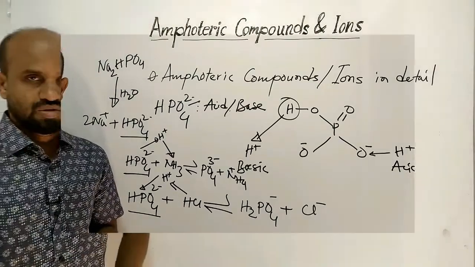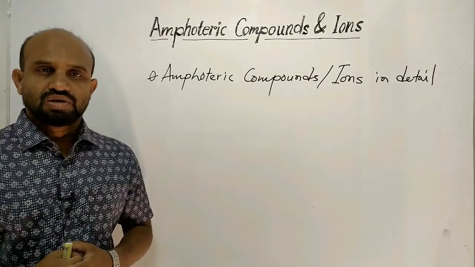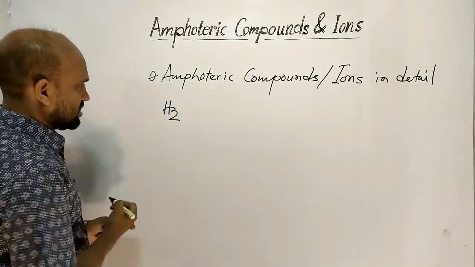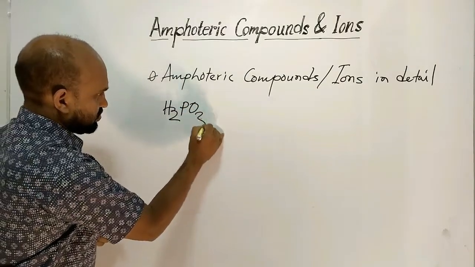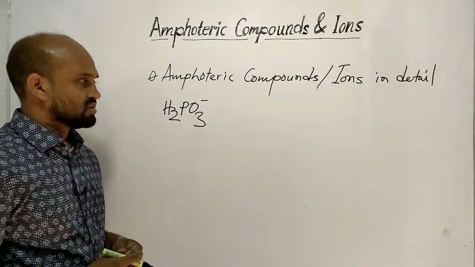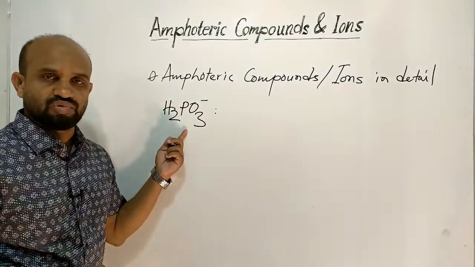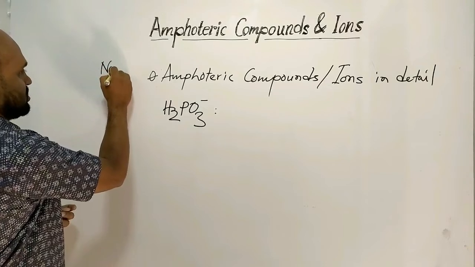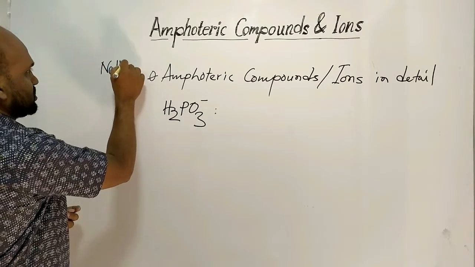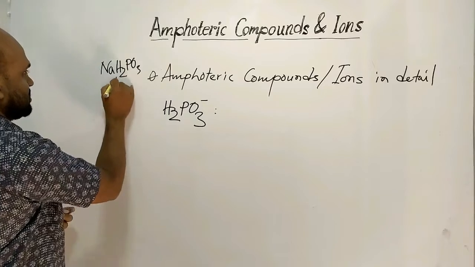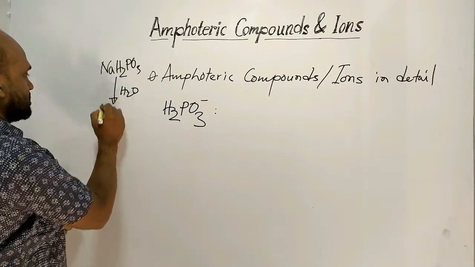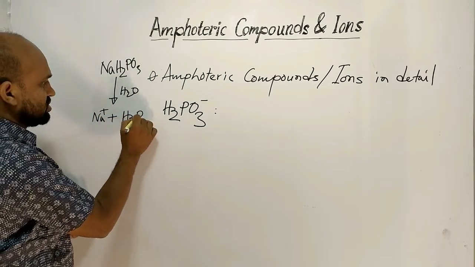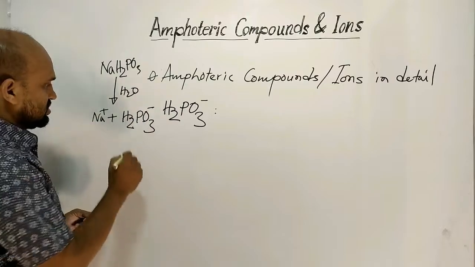Let's see another ion. Now dihydrogen phosphite ion. Let's see whether this ion is amphoteric or not. When this acidic salt, sodium dihydrogen phosphite, is added to water, it ionizes to sodium ion and dihydrogen phosphite ion.